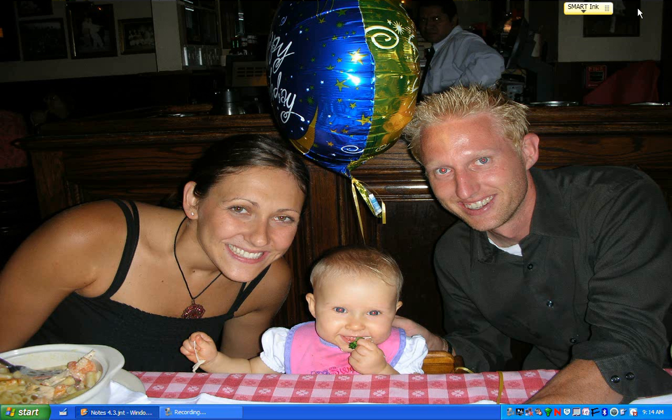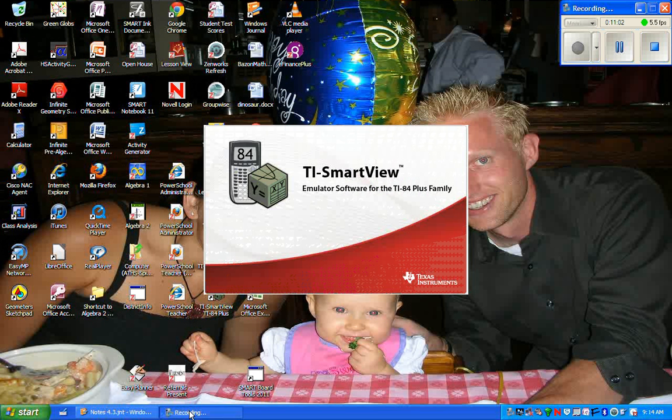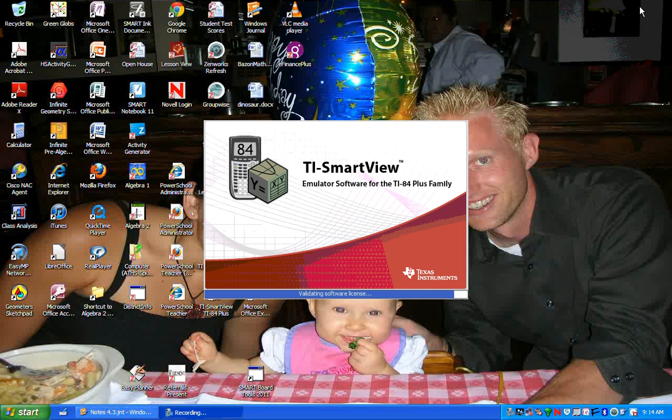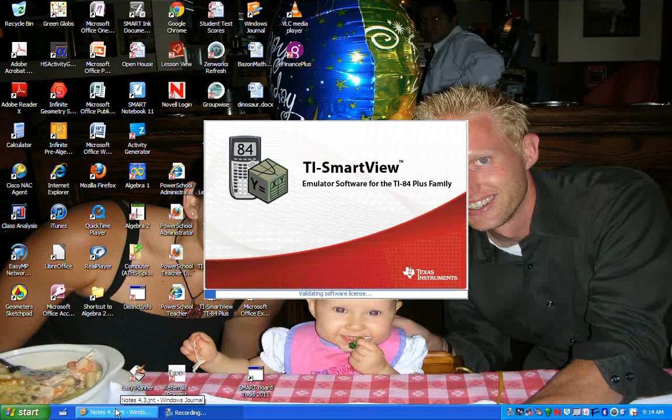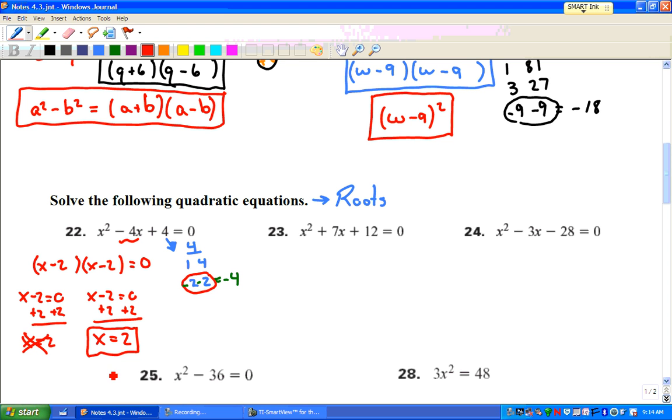So this graph, if we were to graph it, let's see, do we want to graph this one? Let me find my calculator real quick. Let's see how much time I got. Alright, so for that one, what did we have? We had x squared minus 4x plus 4.